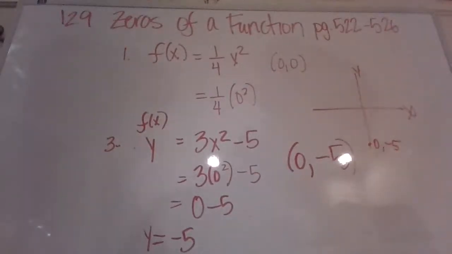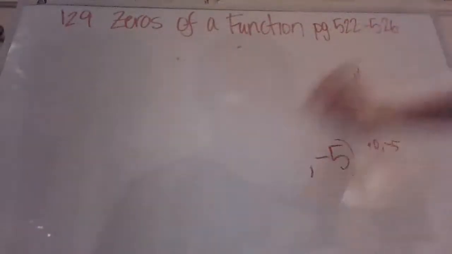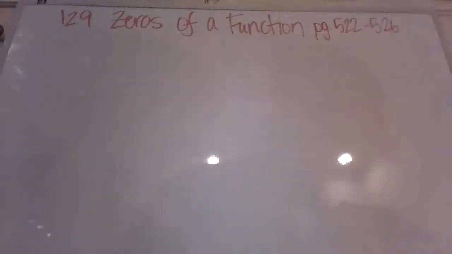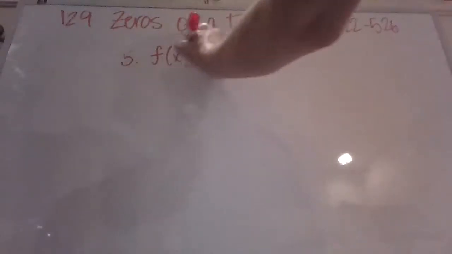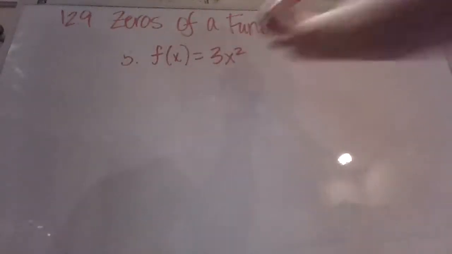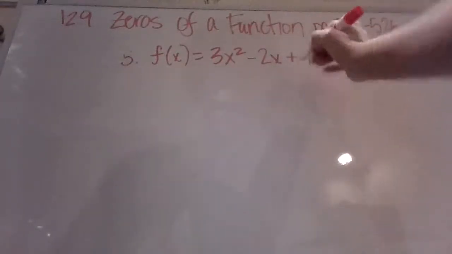Okay, number 5. Number 5 is f of x is equal to 3x squared minus 2x plus 1.